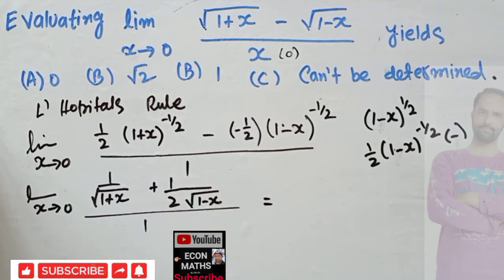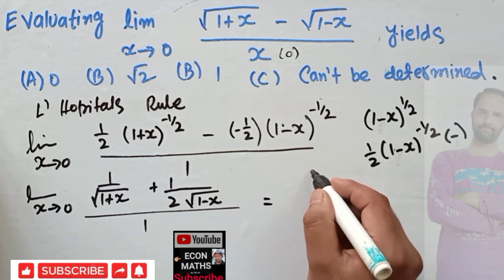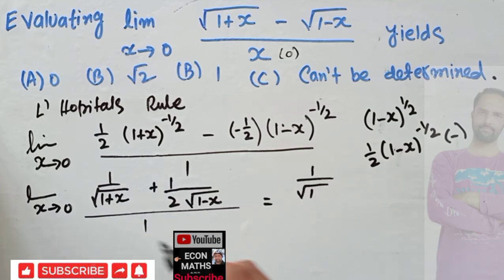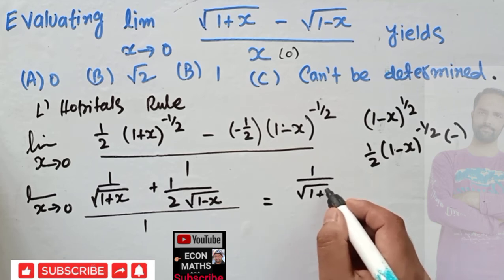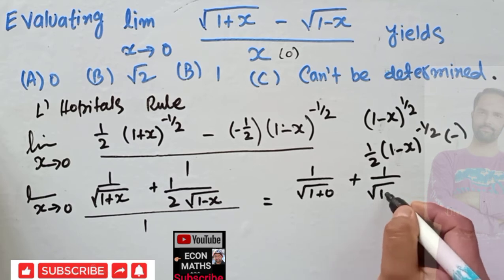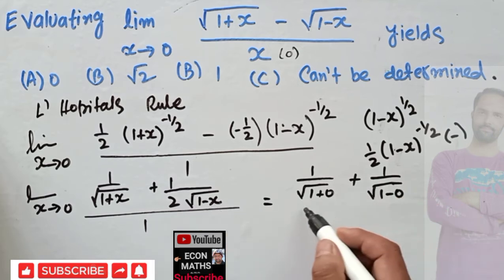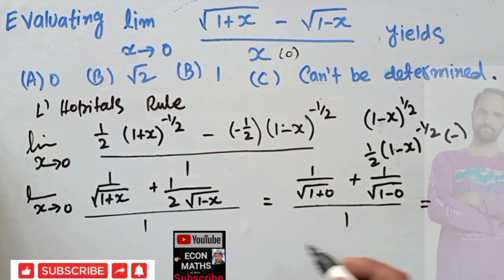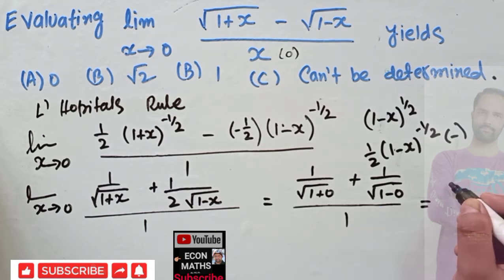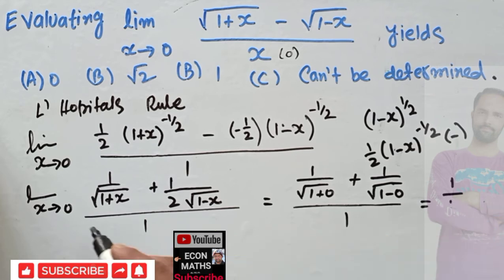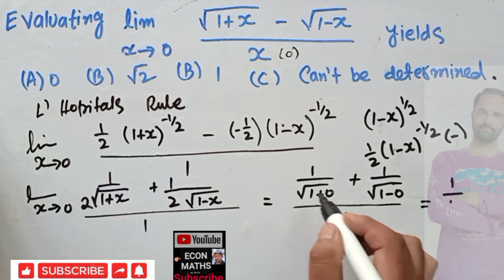Now when we evaluate it as x tends to 0, what will we get? We have 1 upon 2√(1+0), taking the value of x as 0, and again 1 upon 2√(1−0). 1 plus 0 is 1, so the root of 1 is 1, and obviously we have 2 here that I forgot to write.